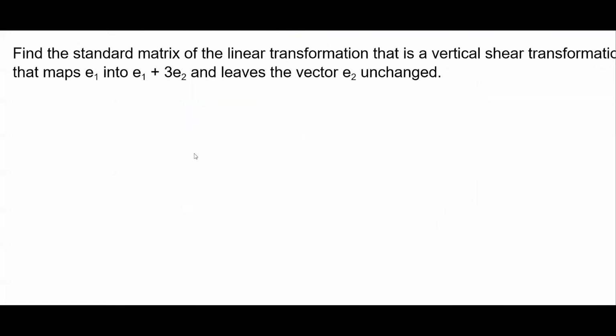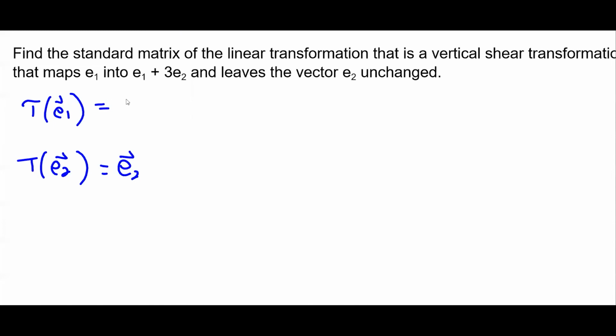So let's do another example. Find the standard matrix of the linear transformation that is a vertical shear transformation that maps E1 into E1 plus 3E2 and leaves the vector E2 unchanged. So again, I just need to know what's T of E1 and what's T of E2. It says it leaves E2 unchanged, so we're just going to say E2 is unchanged.